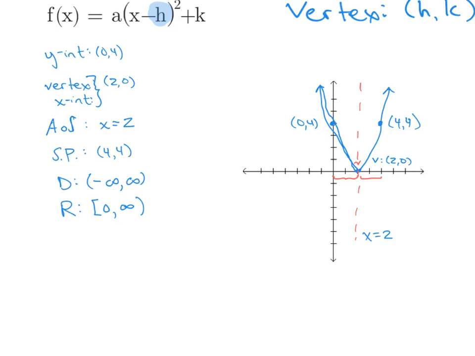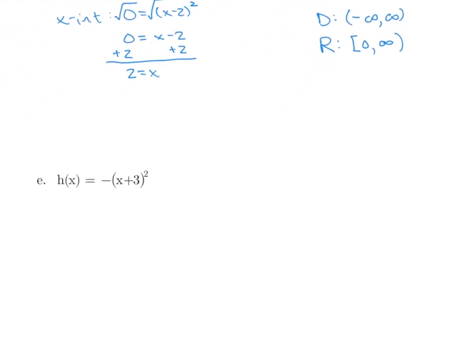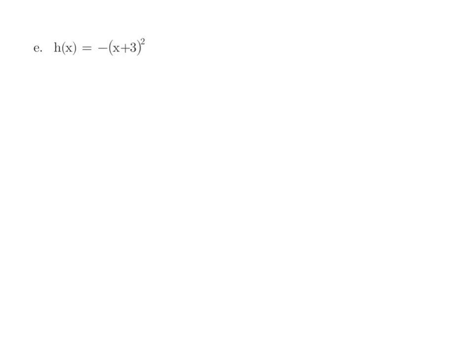Okay, let's look at another example. We have h of x equals minus x plus 3 squared. So starting with our direction, because we have a negative, this is going to be going down.